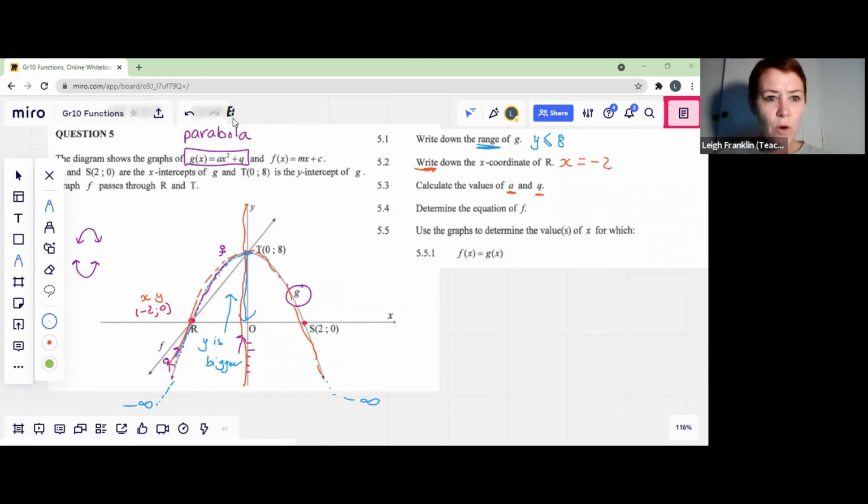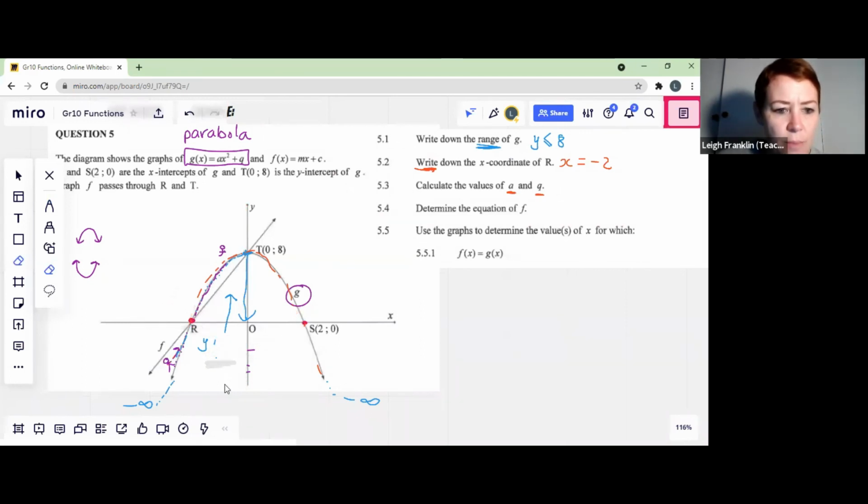Okay, so Nazol, you said that A was equal to -2 and Q is equal to 8.